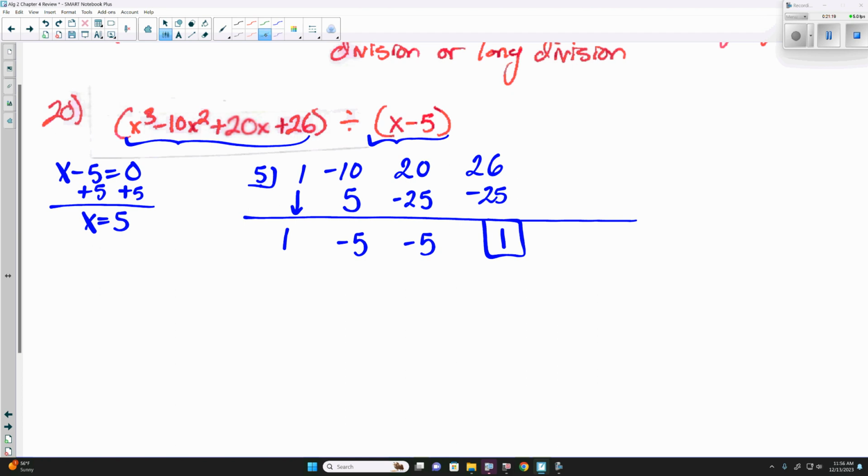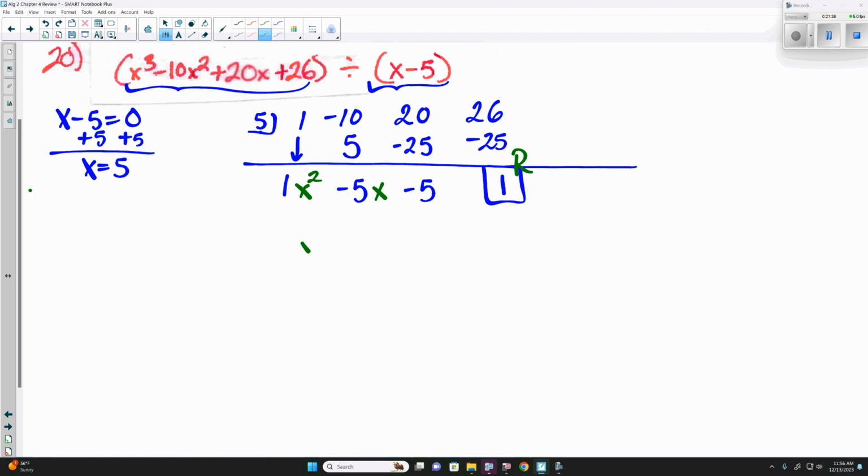Now the next part is to put our variables back in and then rewrite this back out, because our 1 in the box is the remainder. The number next to it, negative 5, is our term without x. The next negative 5 is our term with x, and 1 is our term with x squared. So our final answer for this here is x squared minus 5x minus 5 plus 1 over what we're dividing by.